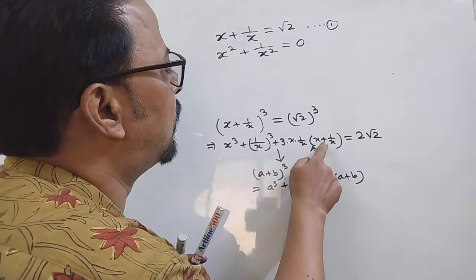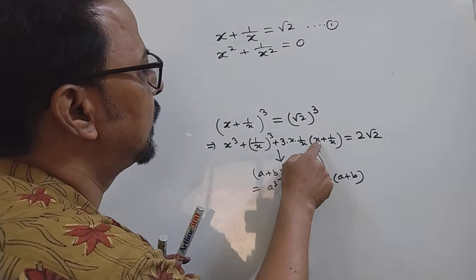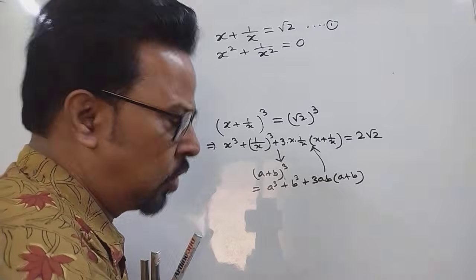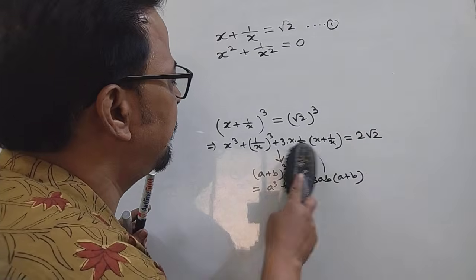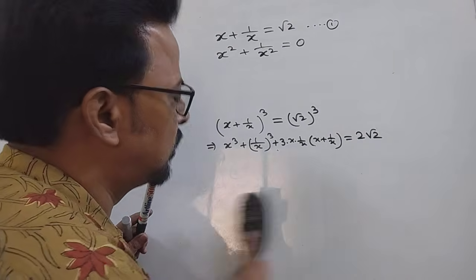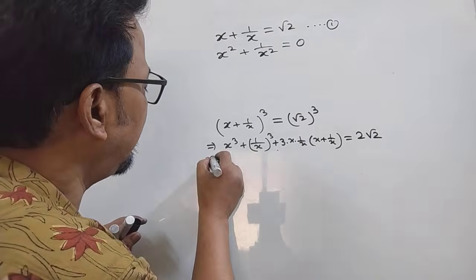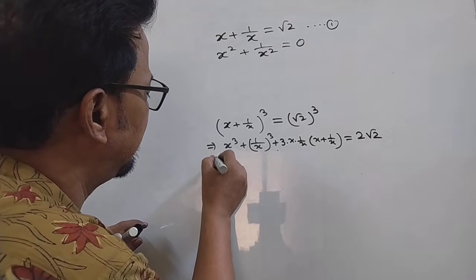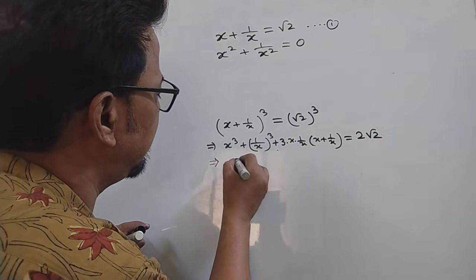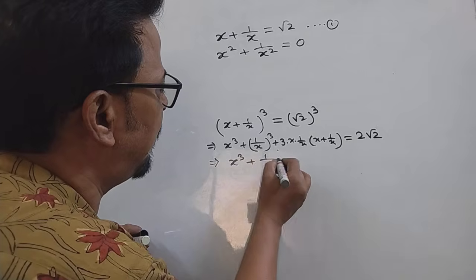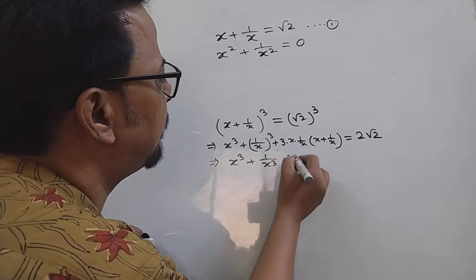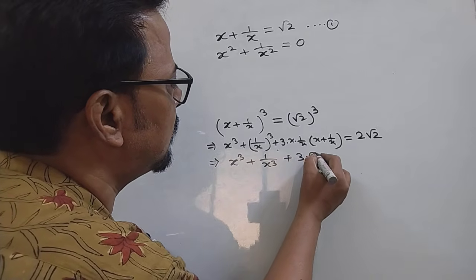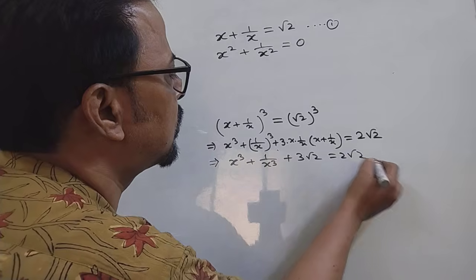Now put this root 2, x plus 1 by x is root 2. So x cube plus 1 by x cube plus 3 root 2 equal to 2 root 2.